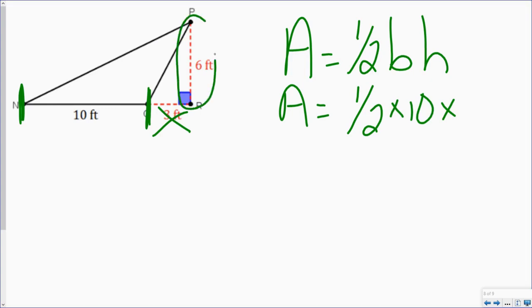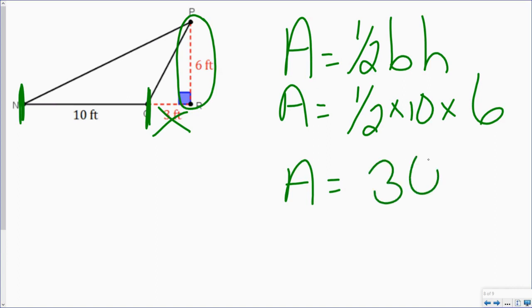Well, this is my height right here because it meets at a 90-degree angle. So I'd have 6 there. So I would have area equals 30. And since I'm dealing with feet, I would have 30 feet squared.